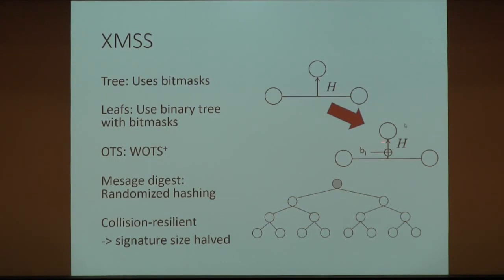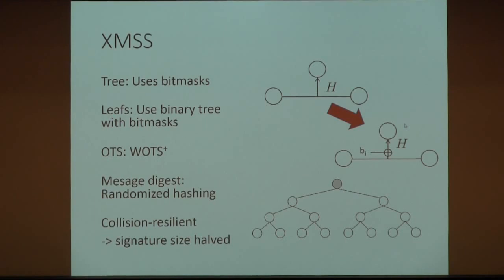Now, in the tree, we use something similar to this WOTS plus construction. So every time before we hash in the tree, we first XOR some randomization element. And this allows us to prove security again from second pre-image resistance instead of collision resistance.